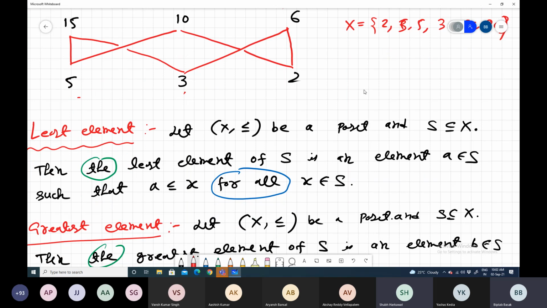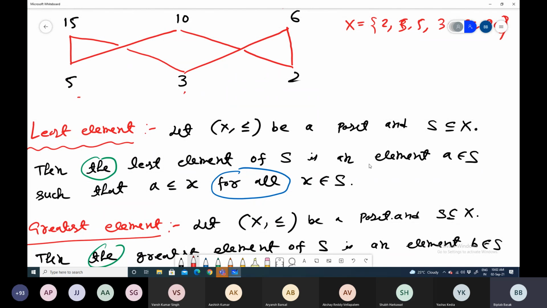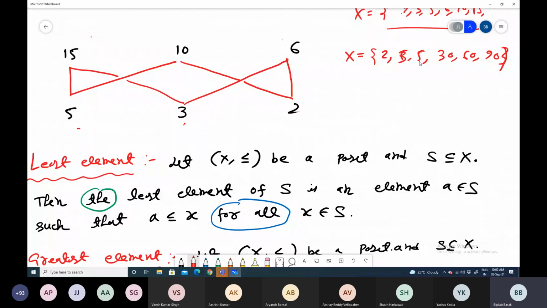A is the least element if A is less than or equal to X for all X. So in that case also you cannot compare 2 and 3. So to be a least element, it should be comparable with all of the other elements.